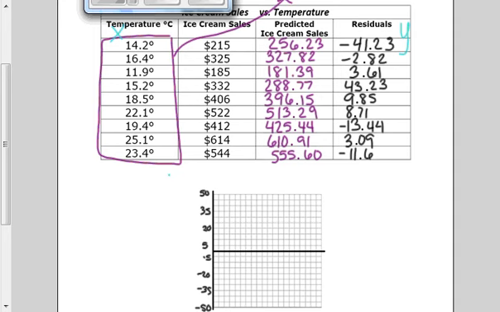For our first one, our temperature is 14.2. So we're going to go over 2, 4, 6, 8, 10, 12, 14, and we're going to go down to negative 41.2. So it's just going to be a little bit off the line for both pieces.